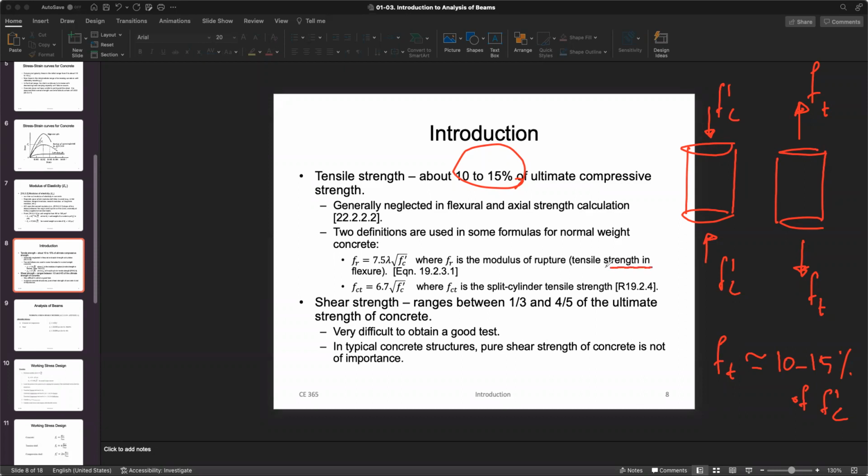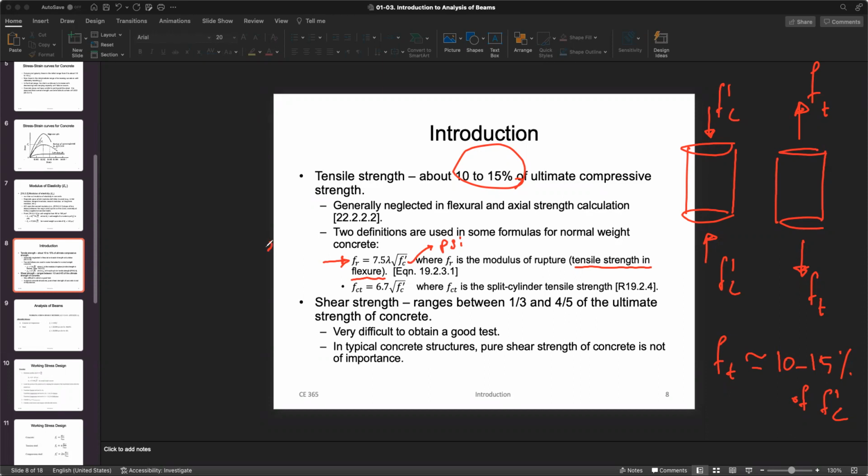So tensile strength, but mainly in flexure, can be found by this formula. Again, f prime c on this formula is in terms of psi because it is under the square root.